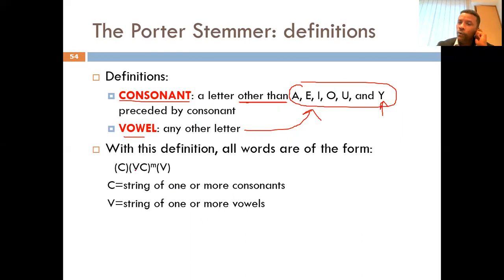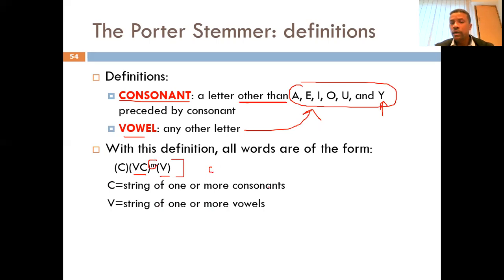And he defined a word in such a form. As we said earlier, in computational linguistics, the most important thing is how you represent your knowledge. And for Porter, English words are represented as a consonant, then a collection of vowel-consonant M number of times, then a vowel. በዚህ መልክ ነው define ያደርገው. So C is a string of 1 or more consonants, and V is a string of 1 or more vowels.